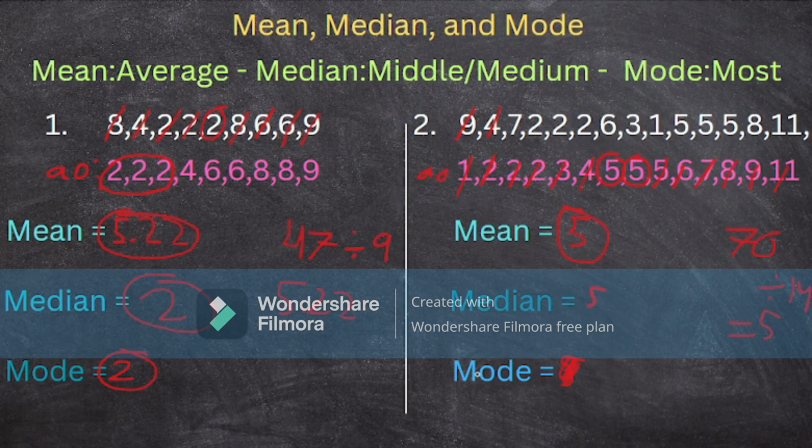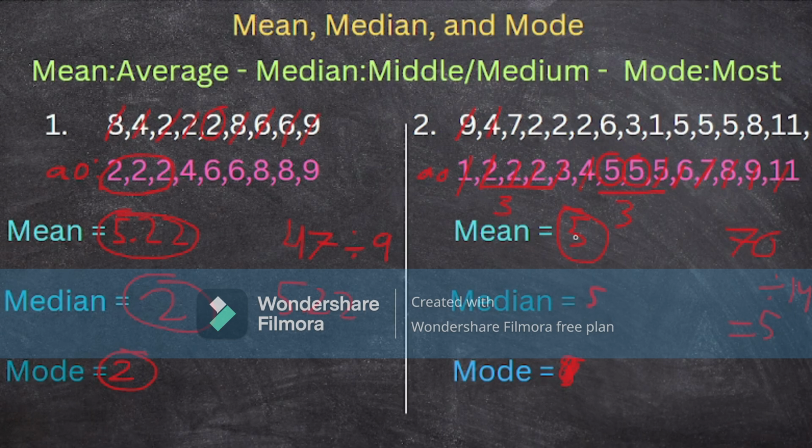Switching to mode. Mode is the number that appears most frequently in our data set. So let's find the mode. You see 2 appears thrice and 5 appears thrice also, while the other numbers only appear once.